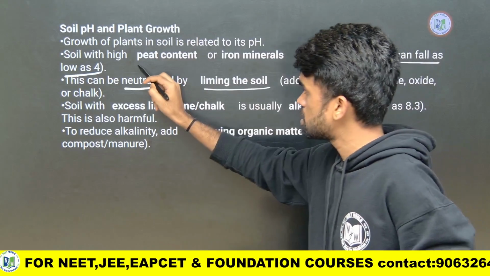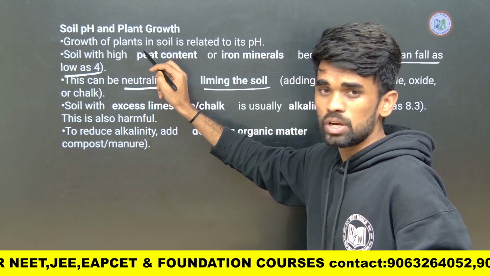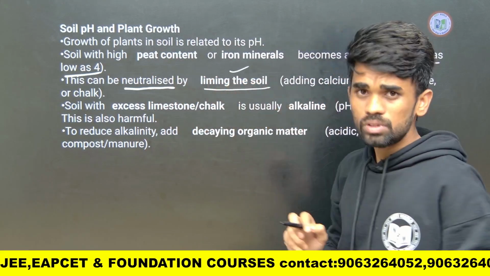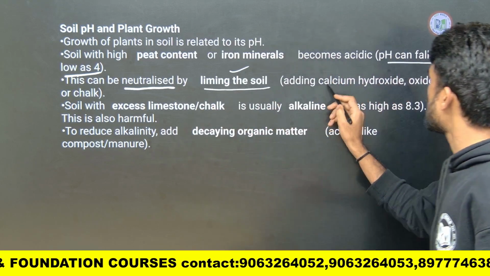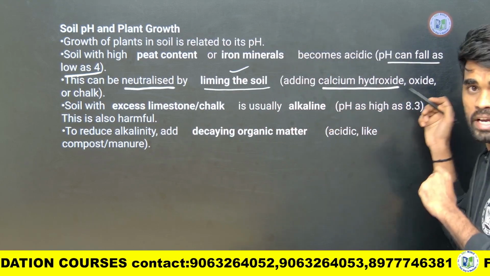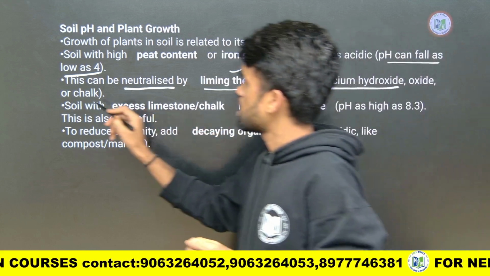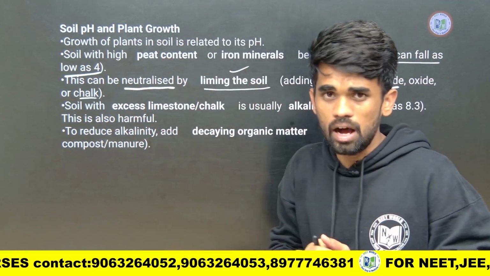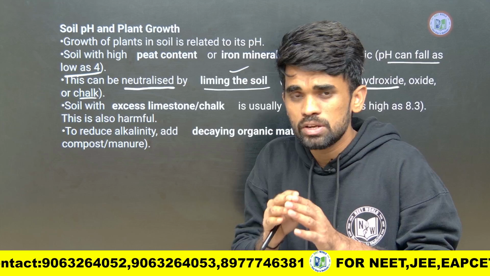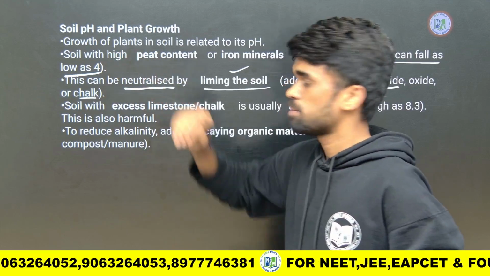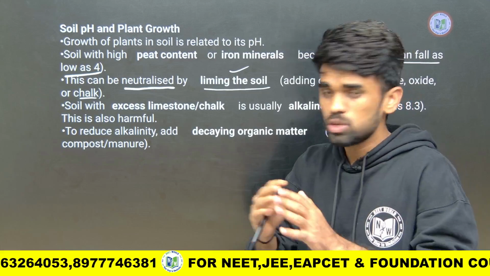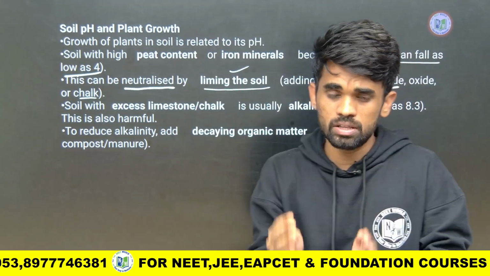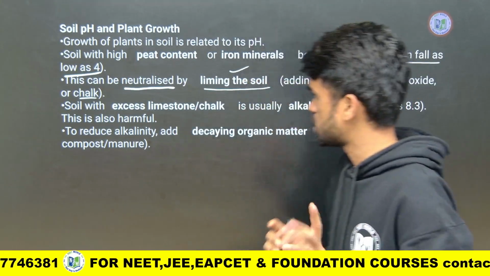For this peat-containing soil, we need to add lime-containing substances, or liming of soil we can say. So adding calcium hydroxide, or oxides or hydroxides, or just calcium carbonate like chalk and all, makes the soil neutralized. The reaction with this peat content, which is an acidic substance, and the liming neutralizes it, and we can use the soil for suitable cropping. Hope it is also clear.